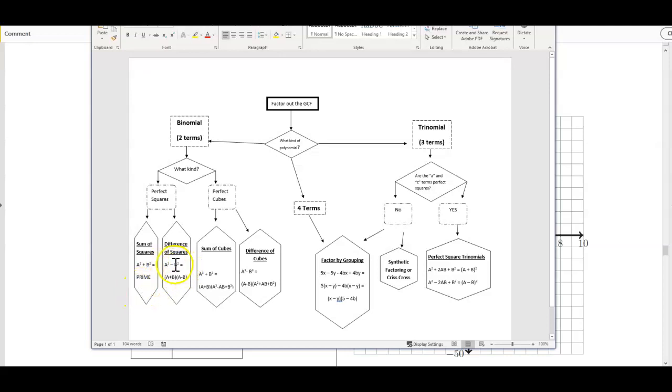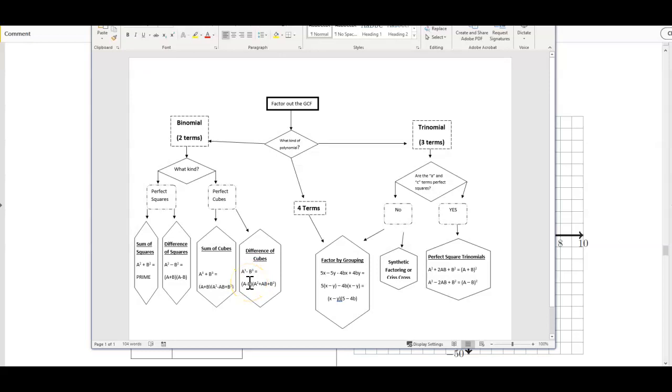But when it was a difference of squares, which was the one specifically that Rachel was asking about last time, something squared minus something squared, then it always factors to be this way. And then we talked about the sum of cubes and difference of cubes last time a little bit as well. So if you have something cubed plus something cubed, it factors to be this, and then something cubed minus something cubed factors to be this.